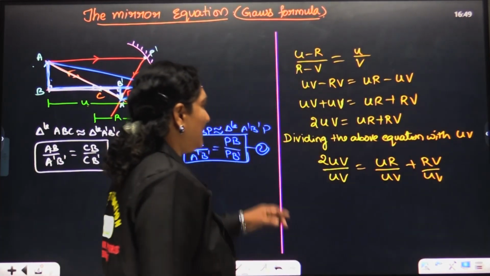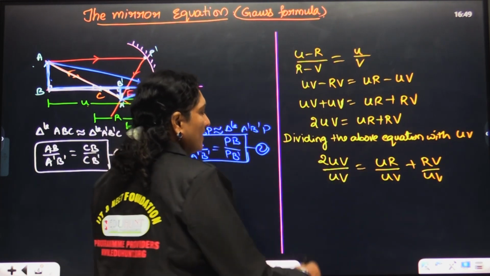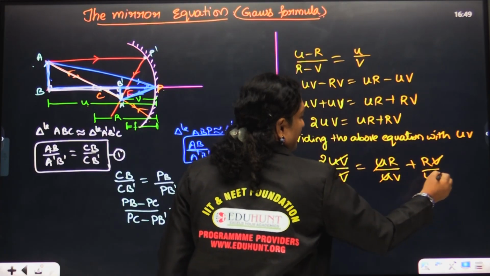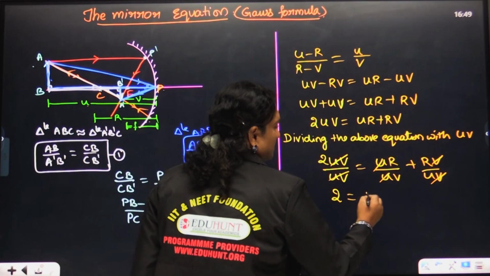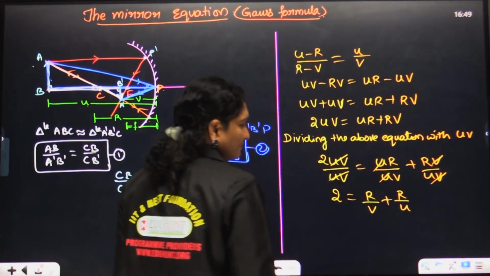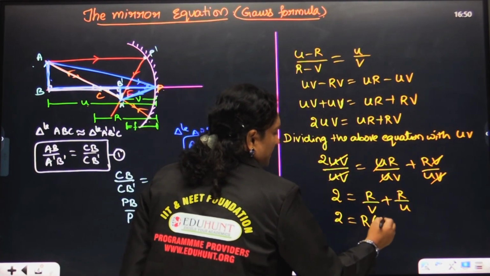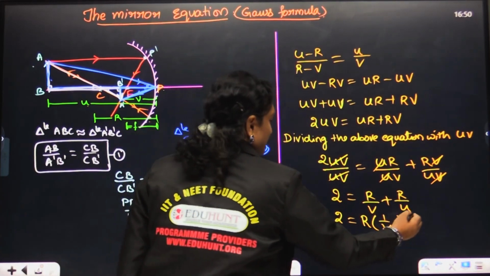Once the whole equation is divided with UV, U gets cancelled and V gets cancelled. So you are left with 2 is equal to R by V plus R by U. So, 2 is equal to R, once taken common, you are left with 1 by V plus 1 by U.